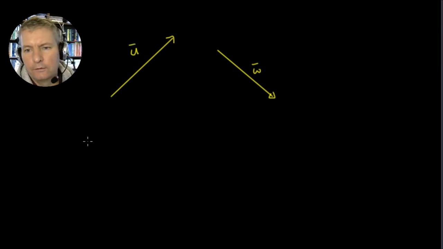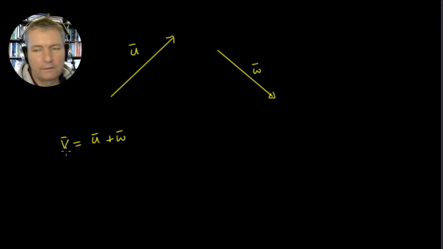Now let's say we're given a vector u, and we're given a vector w, and we're asked to add these two vectors together. So let's say the vector v is equal to the vector u plus the vector w, and we want to find that vector v.